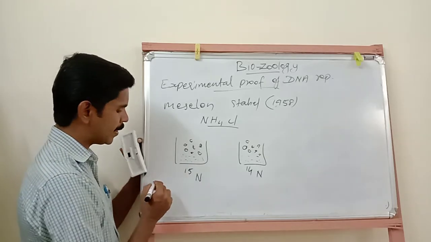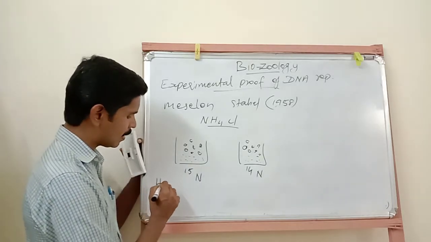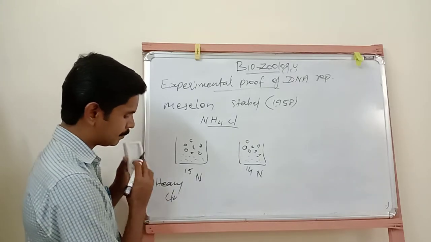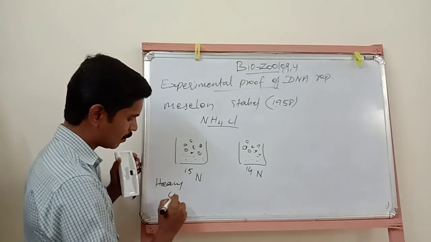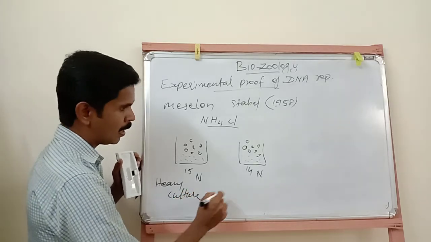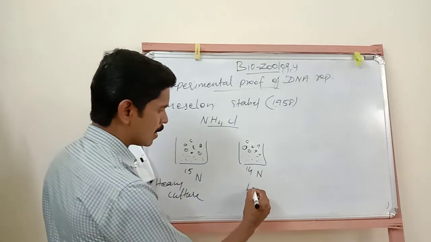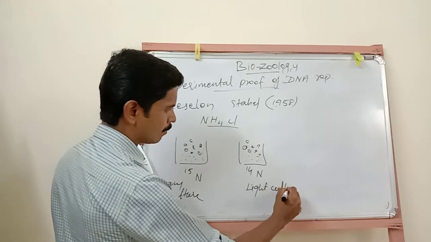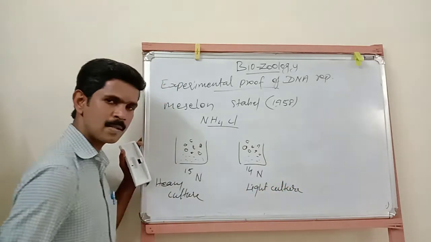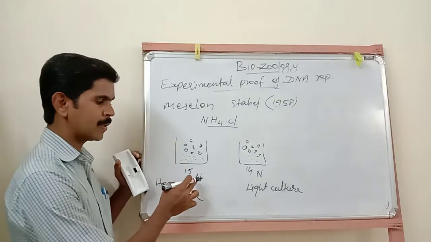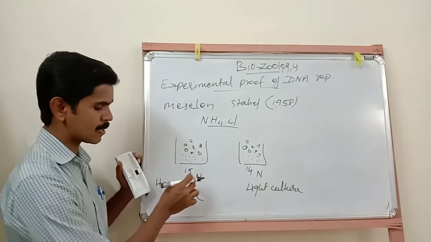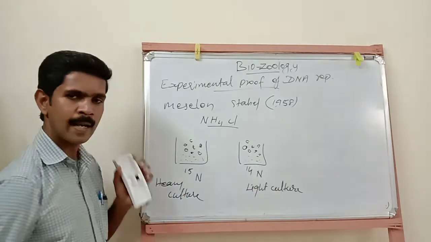So this culture medium was considered as the heavy culture medium, and this culture medium was considered as the light culture medium. In this culture medium N15 was added, and in this culture medium N14 was added.